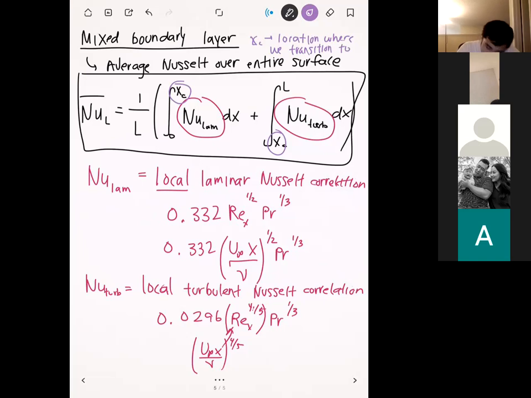I'll just write it on the next page. All right, any questions on this before I give you the formula for xc?